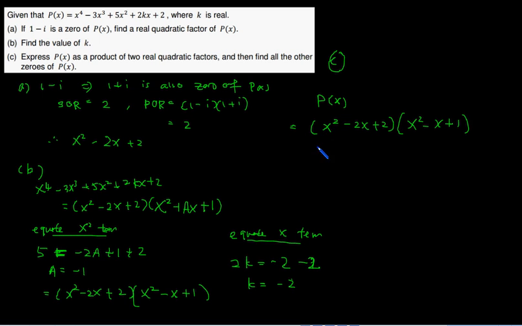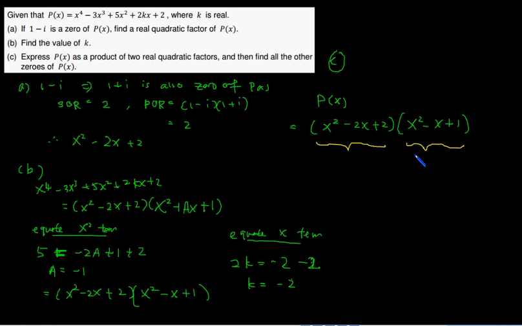For the first expression, we know the zeros because we formed it using 1 minus i and 1 plus i. So all we need to focus on is this particular expression.